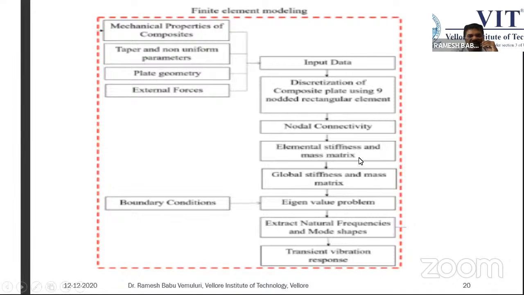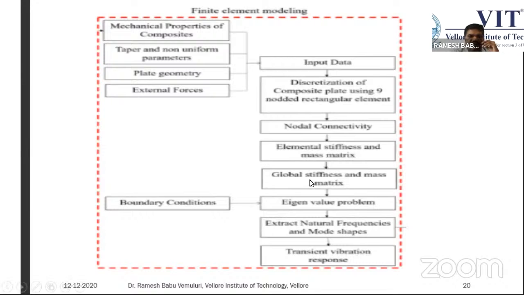These elemental stiffness and mass matrices are only for that particular element. So now we have to combine each element's equation, then we can get a global stiffness and mass matrix, which is nothing but one complete finite element formulation for that structure.